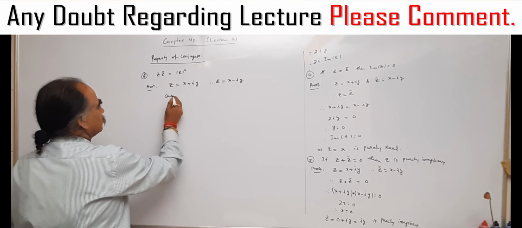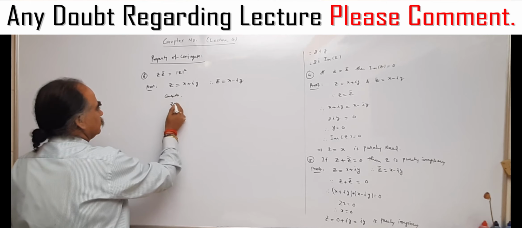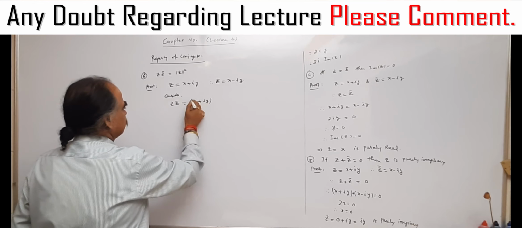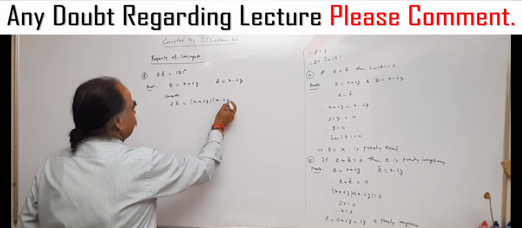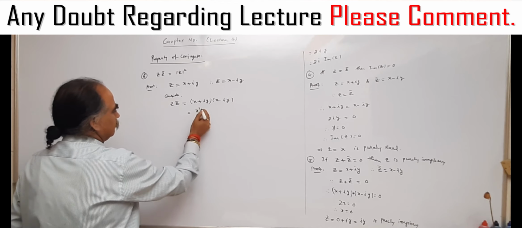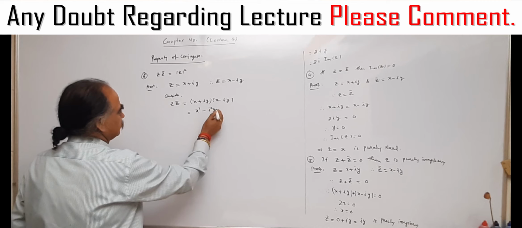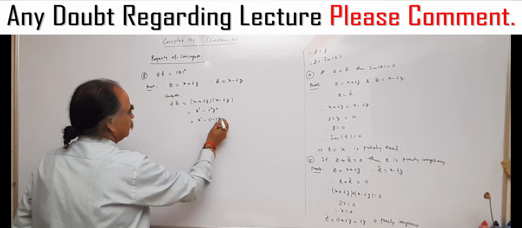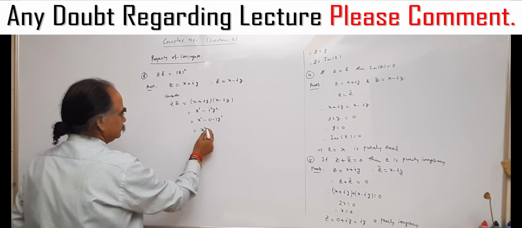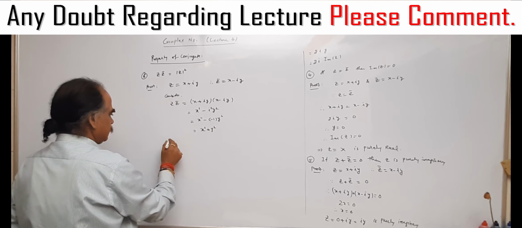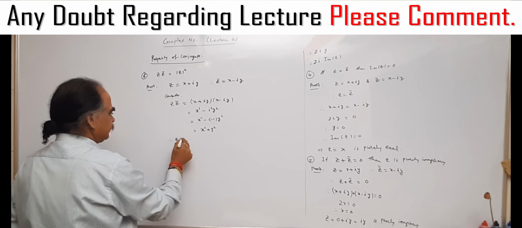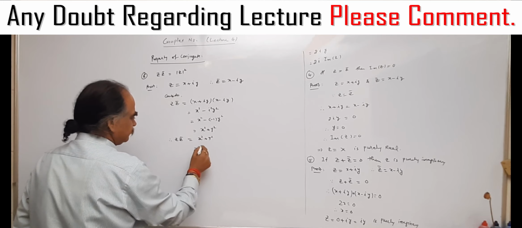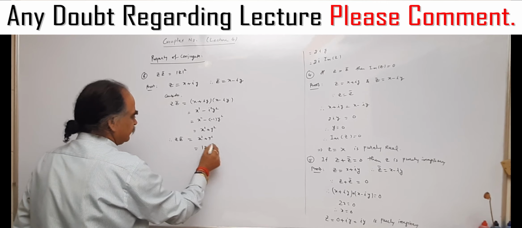Consider z into z conjugate: x plus iy into x minus iy will give x square minus i square y square. i square is minus 1. So z into z conjugate is same as mod z square.